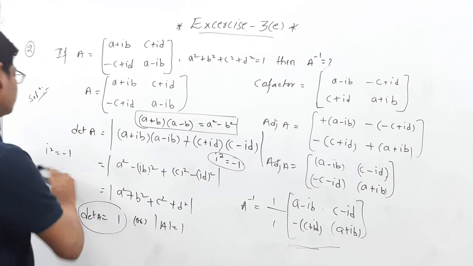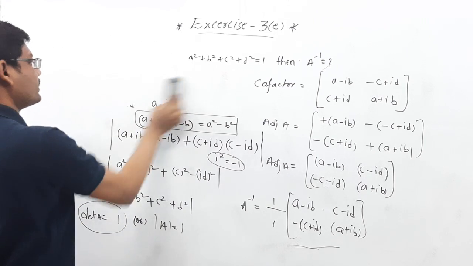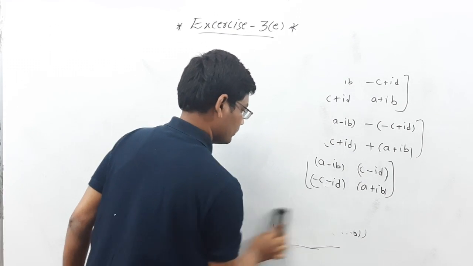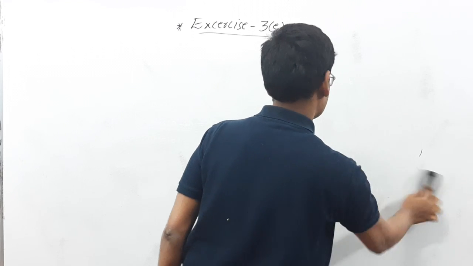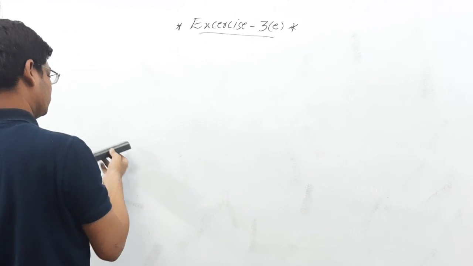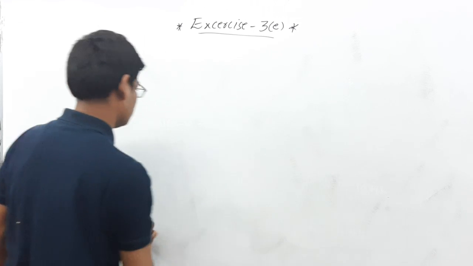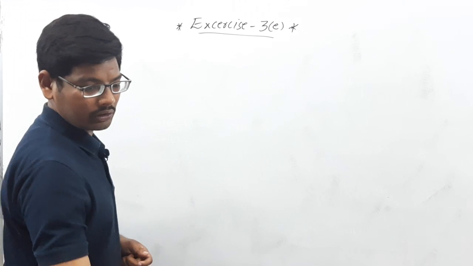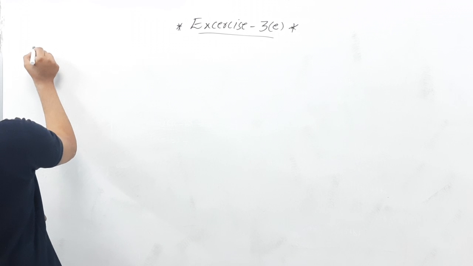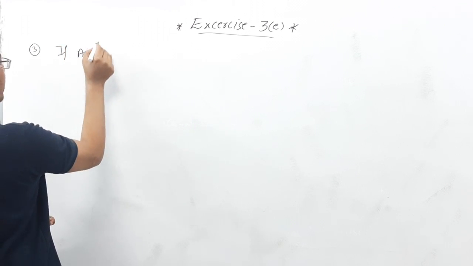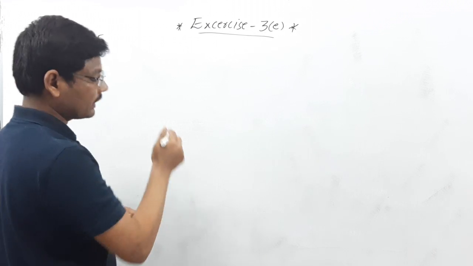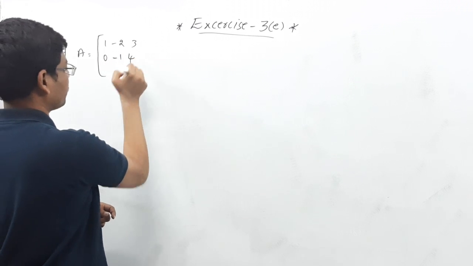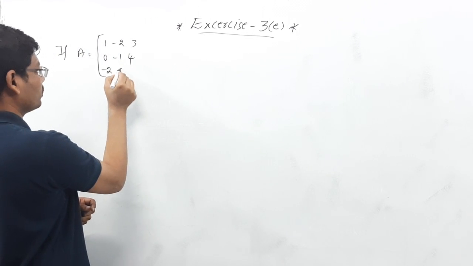And the third question is, if A is given as a 3 by 3 matrix: 1 minus 2 3, 0 minus 1 4, and minus 2 2 1.